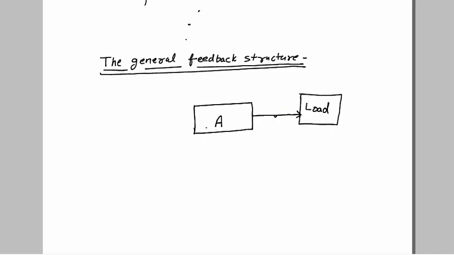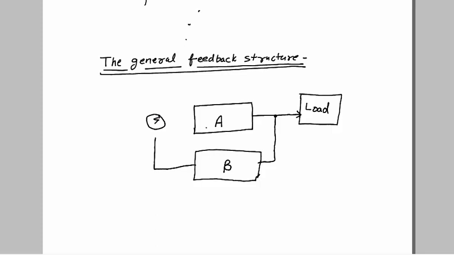Now here we will sample the output, and through a feedback network which has a feedback factor beta, we will mix the feedback signal with the source.